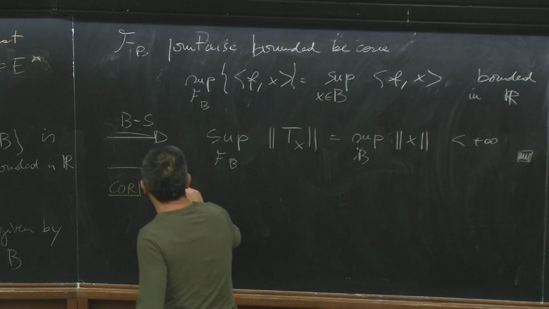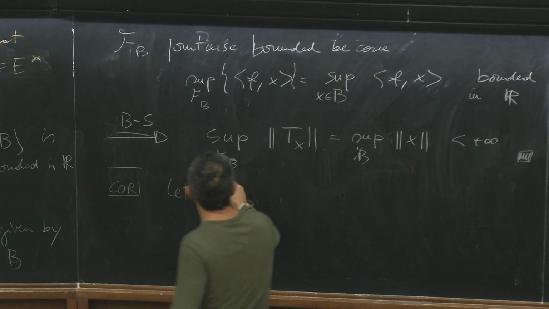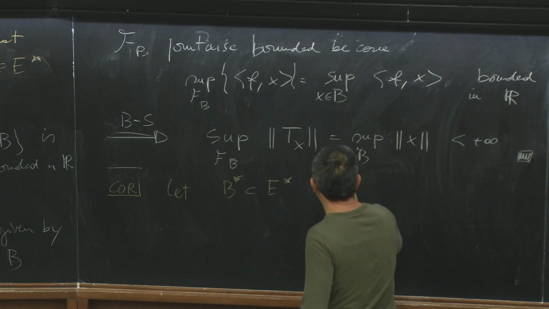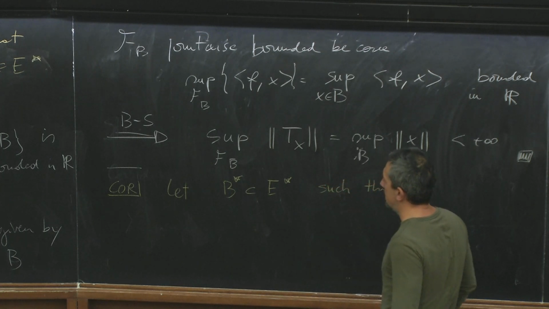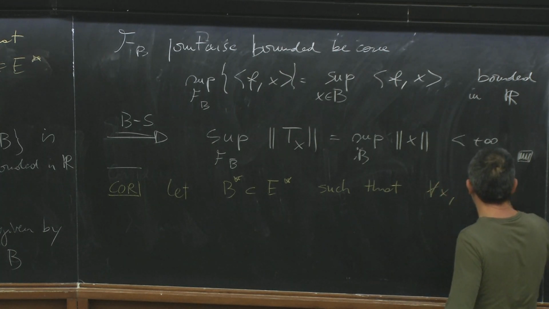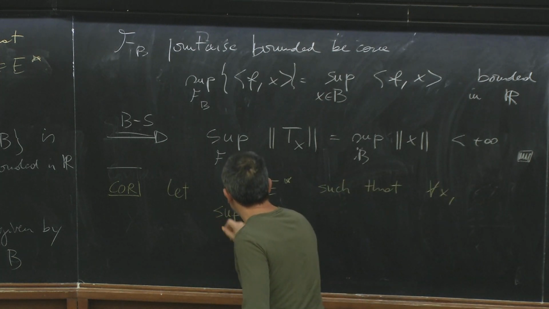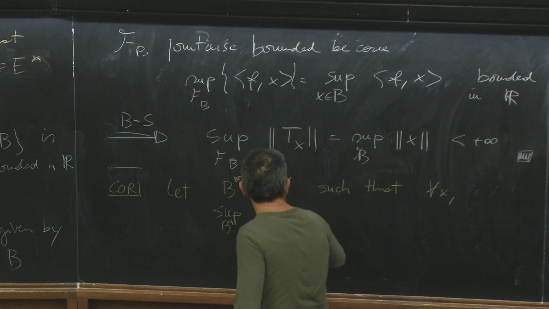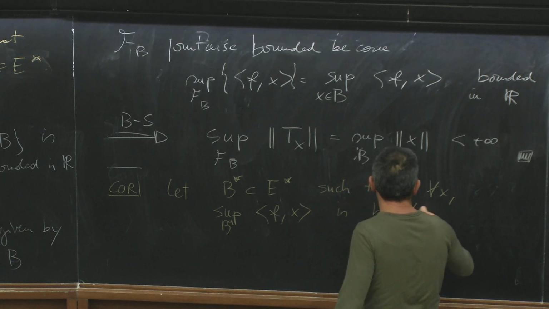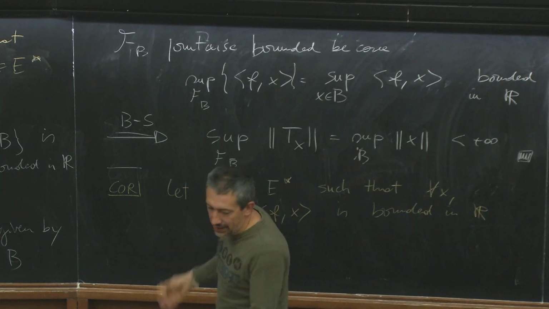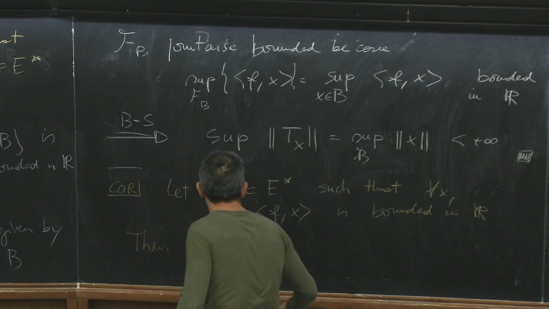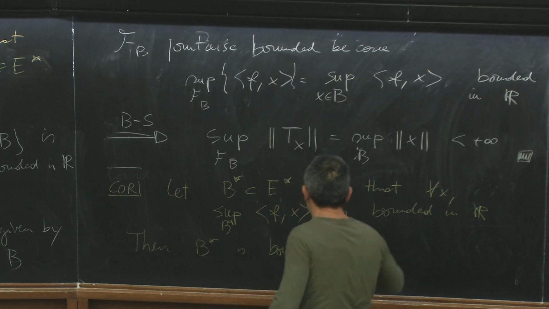Now, instead of having a set in E, we take a set B star in E star, such that for all x, the supremum over B star of fx is bounded in R. I deduce the same stuff, so then B star is bounded.